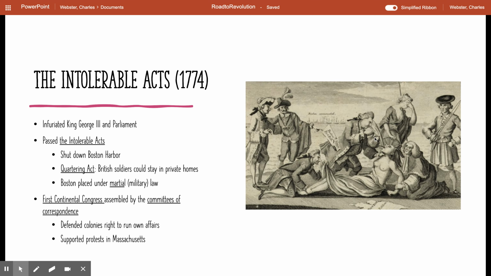You can see here like a little teapot, right? So she's forced to drink this tea, it's a pretty harsh act. She's being cruelly treated by these people, and those people represent the British government, right? In this cartoon.